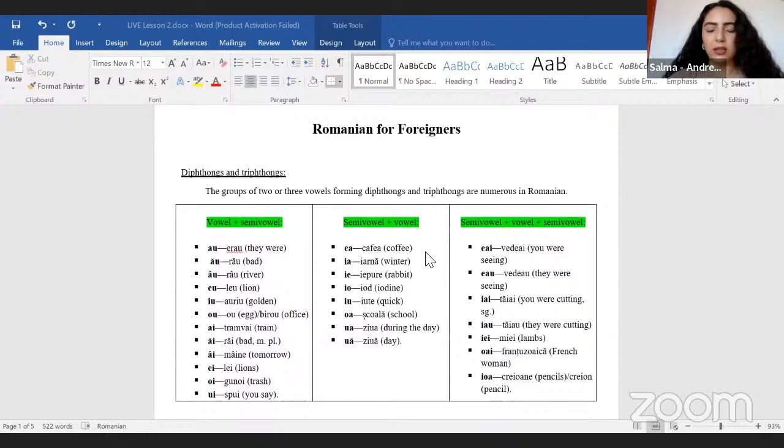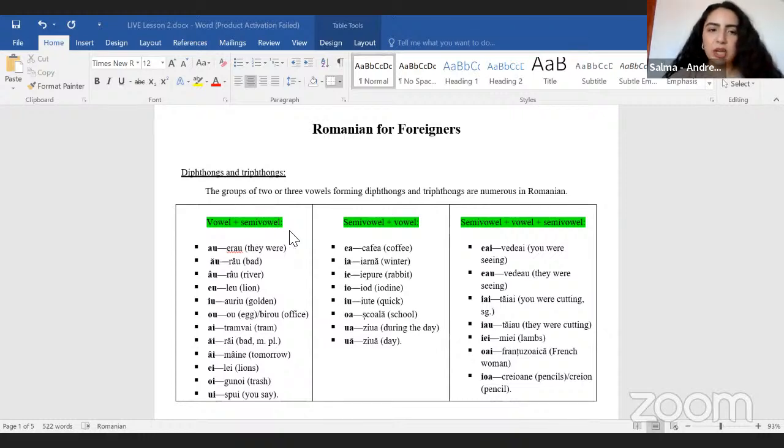And the last column has the triphthongs because it has three sounds: semi-vowel, vowel, and semi-vowel. First of all, what are semi-vowels? Semi-vowels are those sounds which are neither consonants nor vowels. They are somewhere in between them, so to say.